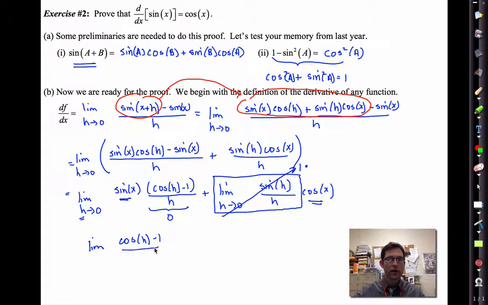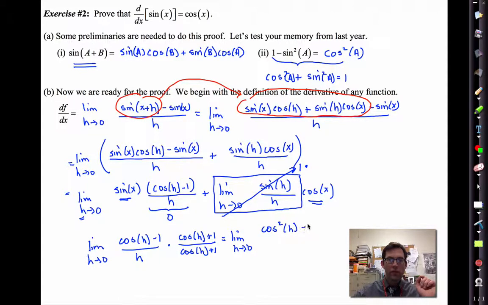I know that we don't do a lot of proof here, but watch what I'm going to do. I'm actually going to pull something very tricky. I'm going to multiply top and bottom of this expression by cosine h plus 1. I have to write a little bit smaller here because this is one honkin' large proof.